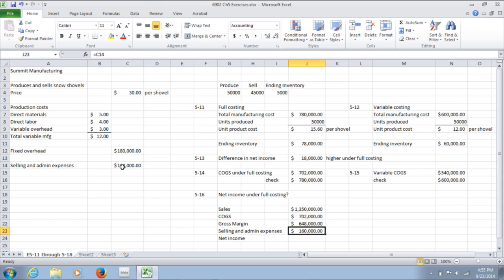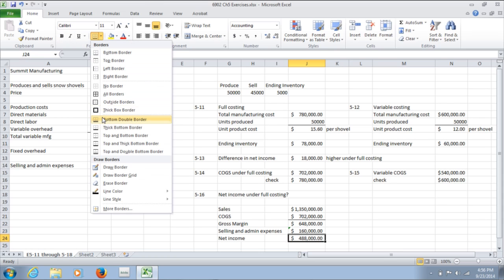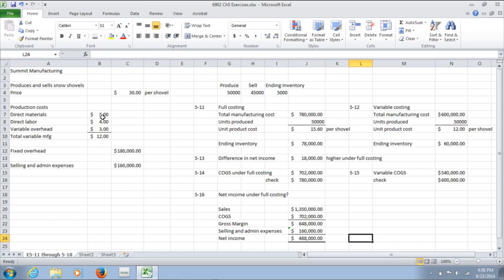Then subtract the 160,000 of selling administrative expenses. So our net income number is 488,000. And to pretty up the spreadsheet here, we'll go ahead and highlight these items and have our double underline there. Now, yes, you guessed it, in 517, what's the net income under variable costing?